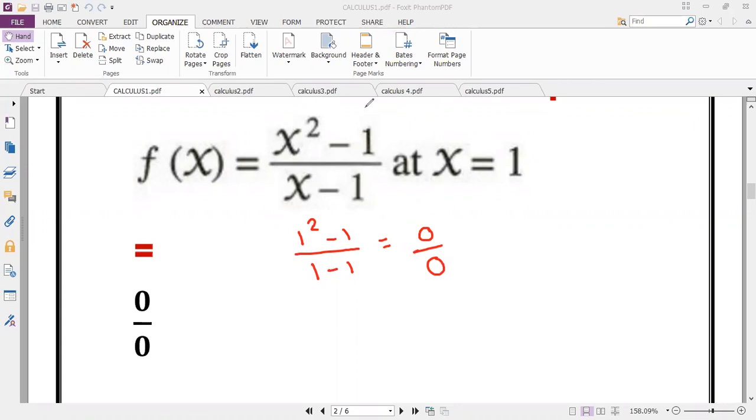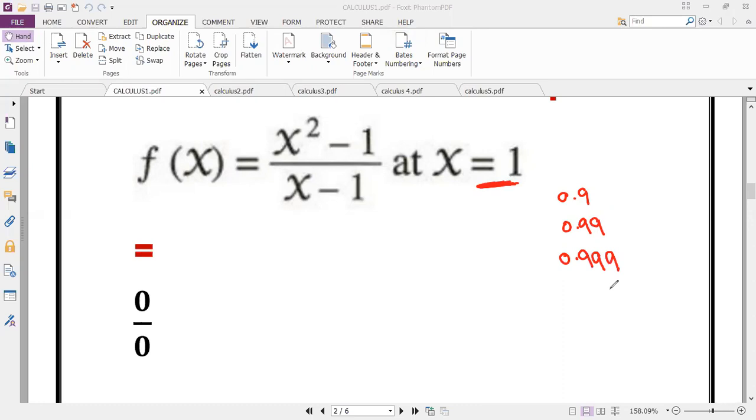How can we evaluate the value of the function at x equals 1? At x equals 1 exactly, we couldn't find the value of this function. But we are going to find a value close to 1. Close to 1 like 0.9 or 0.99 or 0.999, okay?